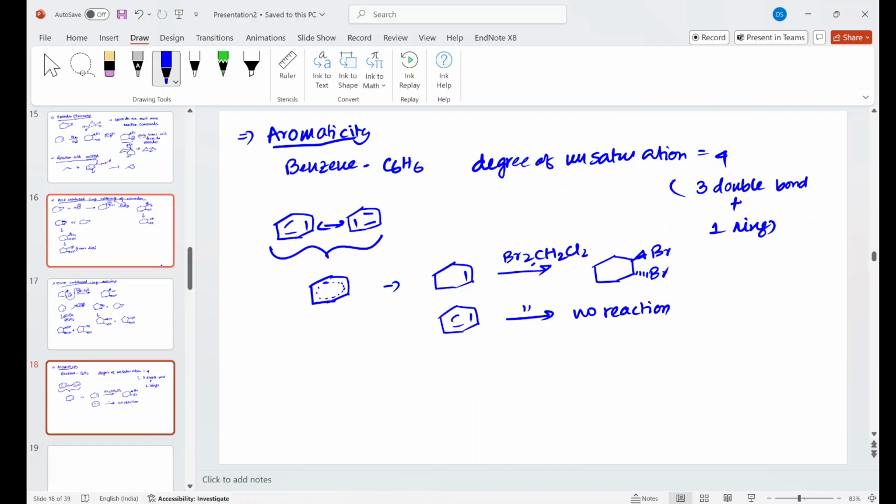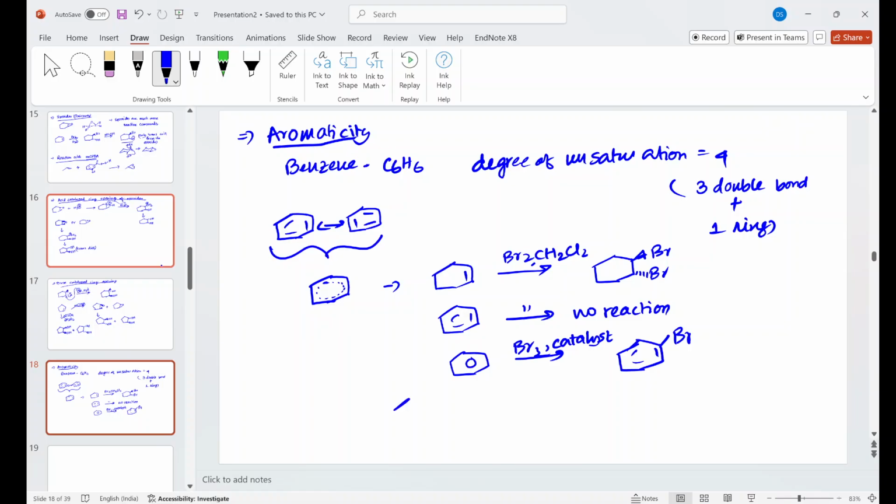Okay, and if you use this bromine with a little bit of catalyst, then it will react, but not at all the positions, just at one position. Okay, it will be like a substitution.